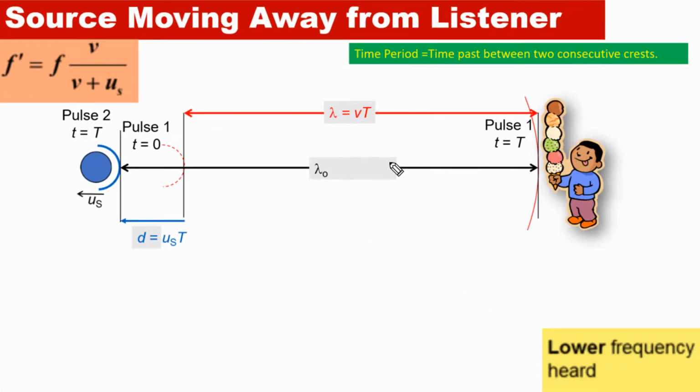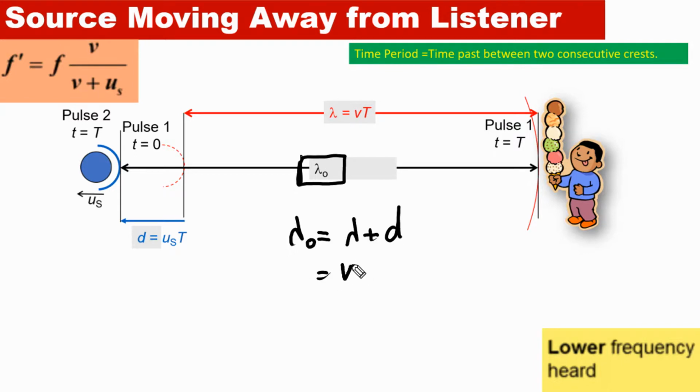Let me also explain how you can find lambda observed. Lambda observed is the wavelength observed by the observer, and that is equal to the distance between two crests observed by the observer. So lambda observed is equal to the wavelength of the wave produced by the source plus the distance traveled by the source.